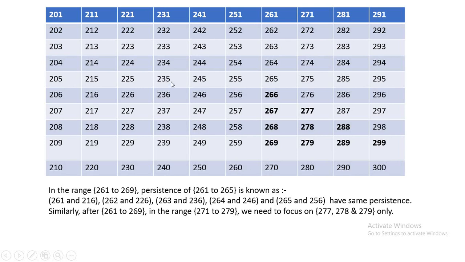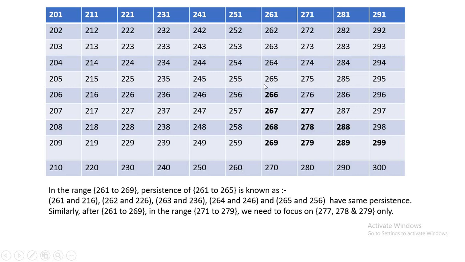And below 260 we have found out that there are no persistence 5 numbers. Similarly, 264 is 246, similar 265 and 256, as we have calculated below 260.